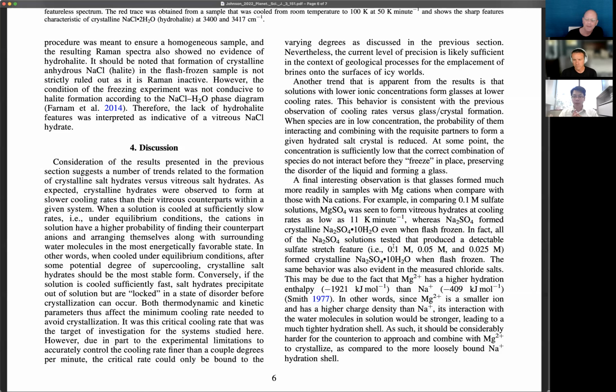We found some values of these energies in the literature. The enthalpy of hydration for magnesium is roughly about 5 times that of sodium, and so we think that explains the behavior that we're seeing. Cool. So these 3 trends are the main findings of the paper.